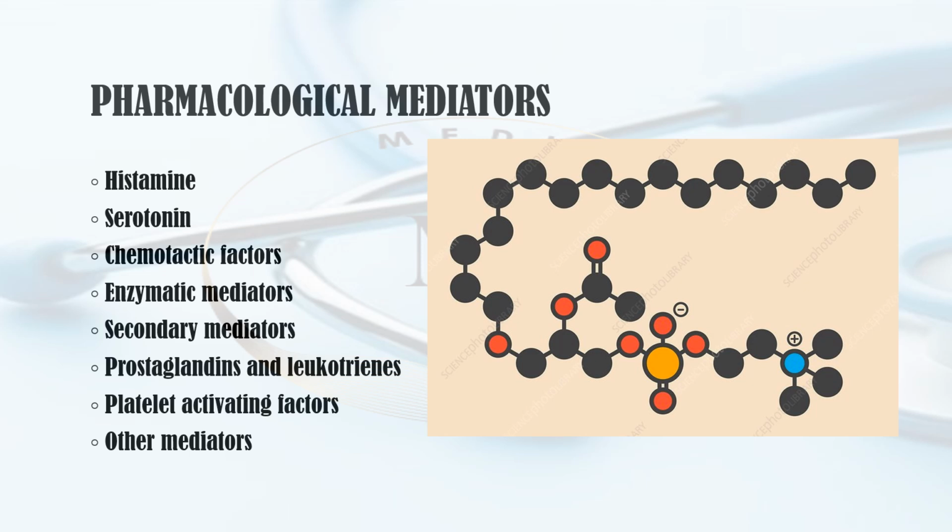The function of platelet activating factor is that it causes aggregation of the platelets. Next are other mediators. What are the other mediators that come under it? That is anaphylatoxins, which are released by the complement pathways, that is C3a and C5a activation. Then bradykinin, kinins formed by plasma kininogens.